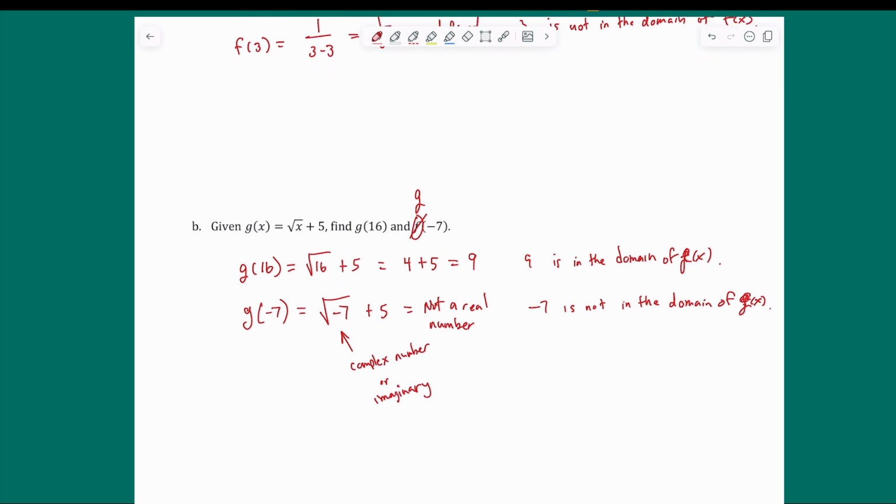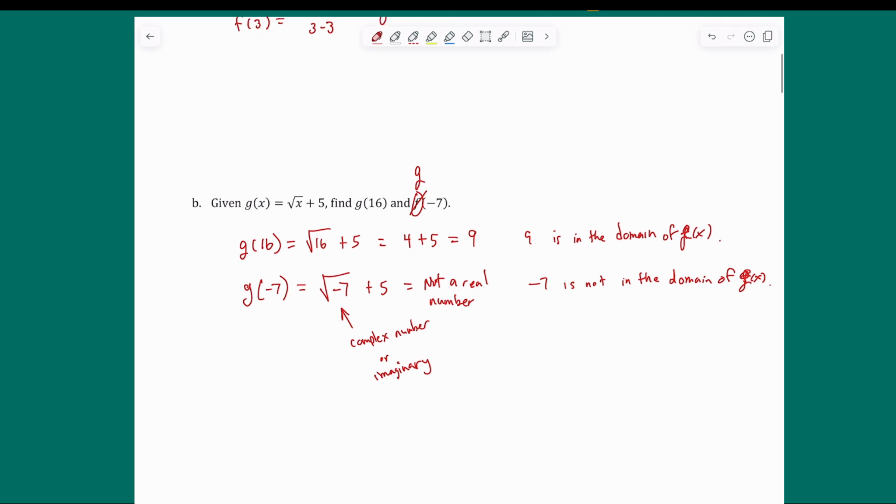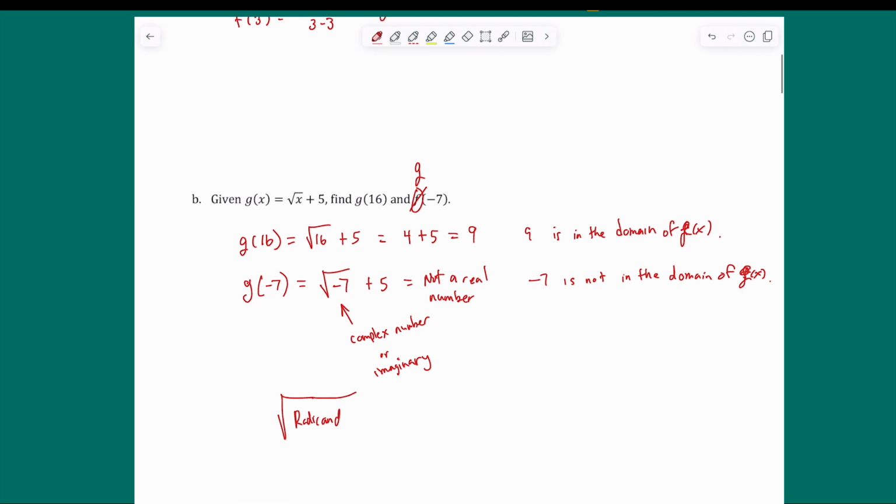Okay, so when you're looking for the domain of a function, especially when you're given an expression or equation that represents the function, you want to watch out for things like negatives under the square root. Okay, so the radicand, right? That's what we call the expression under a radical, especially an even index radical.